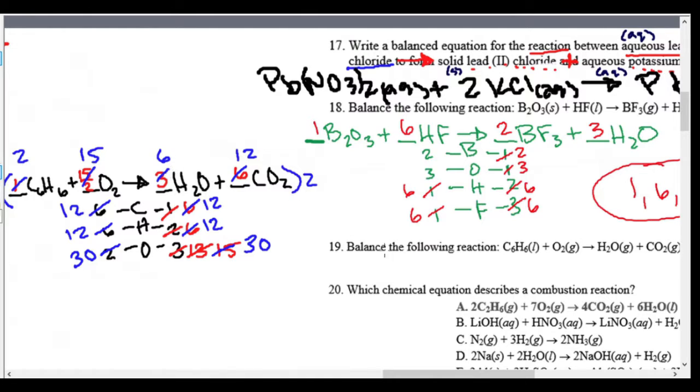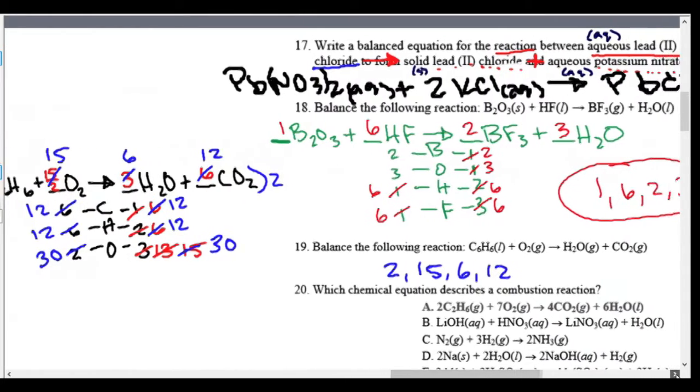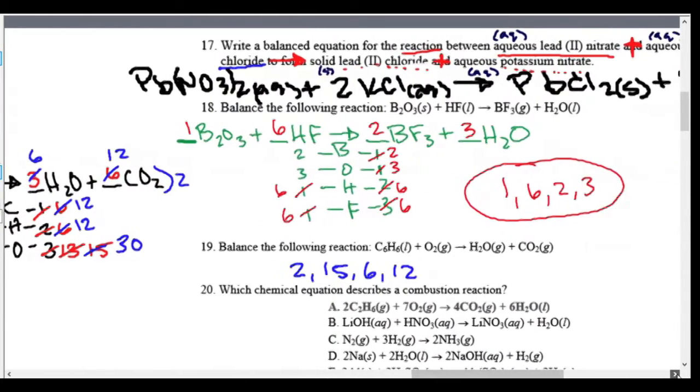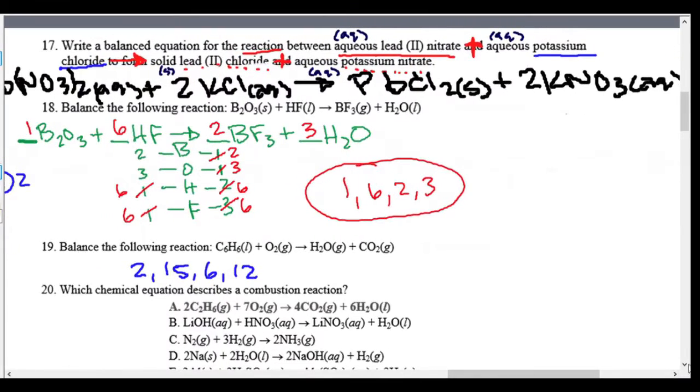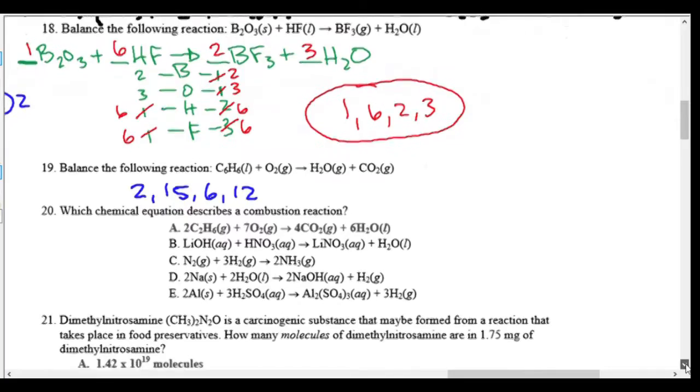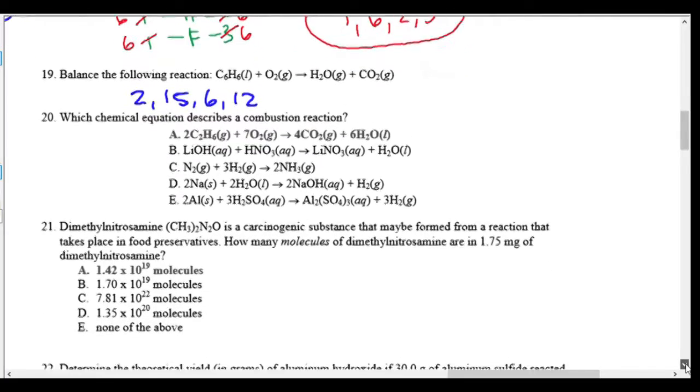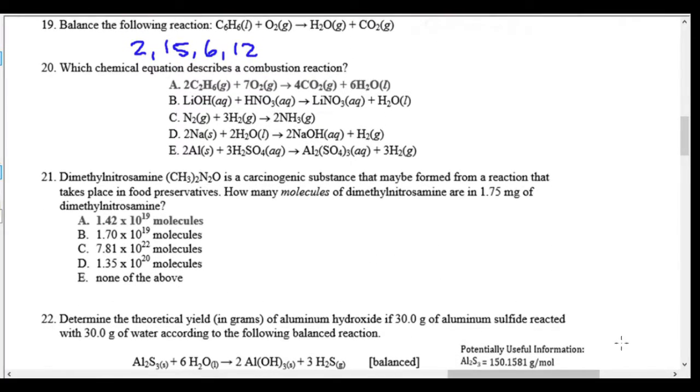So our coefficients here would be 2, 15, 6, and 12. I highly recommend trying a few of these until you get really good at them. Sometimes they take a little bit of thought, but once you get the hang of it, you're pretty good.